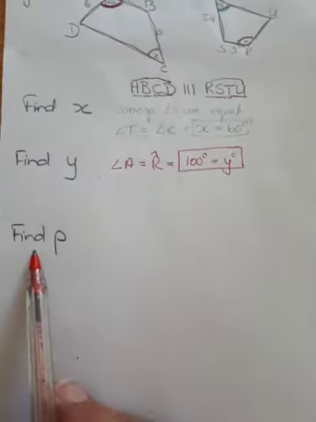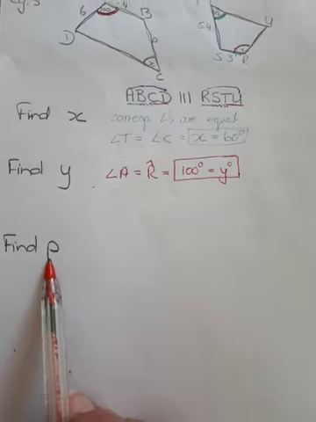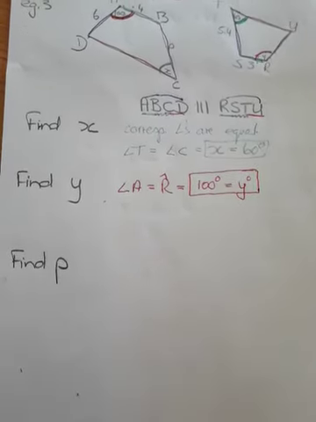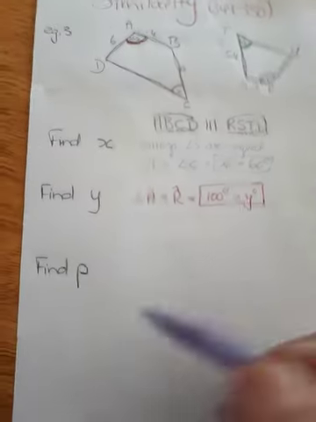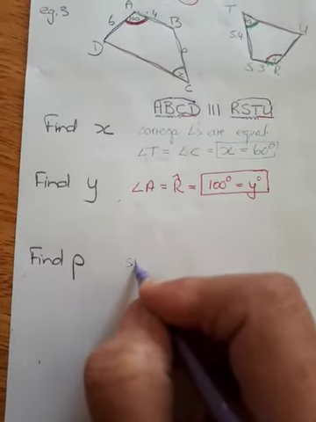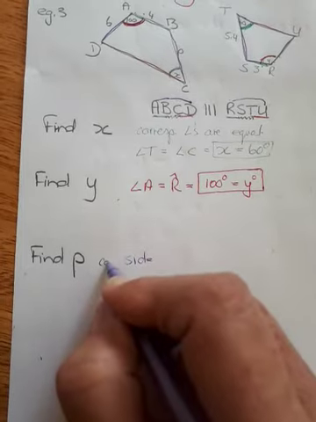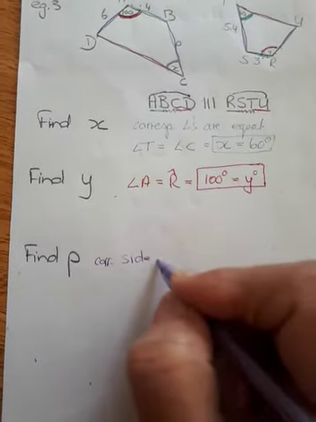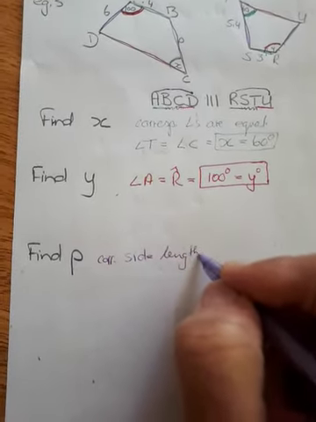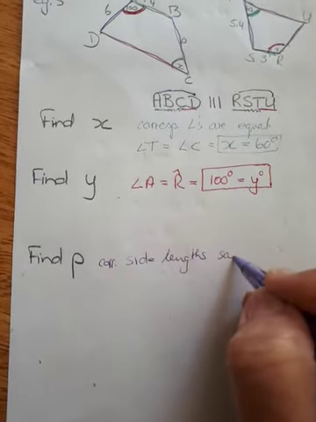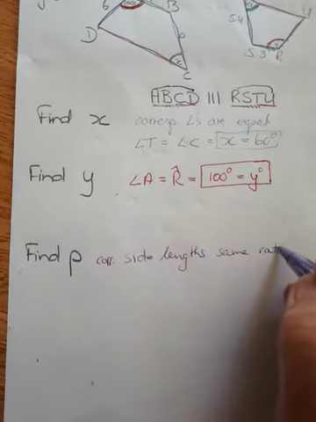Now they say you must find P. And remember, people, for P, which is a side length, we know that the corresponding side lengths are in the same ratio.